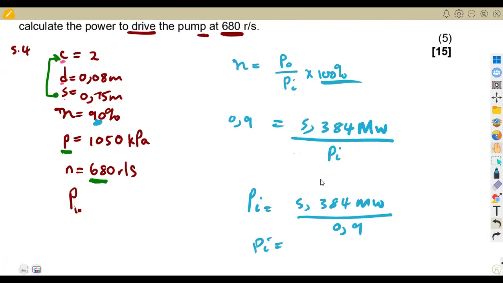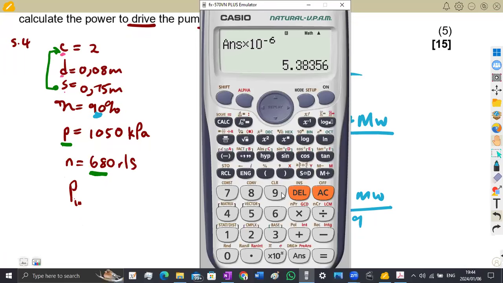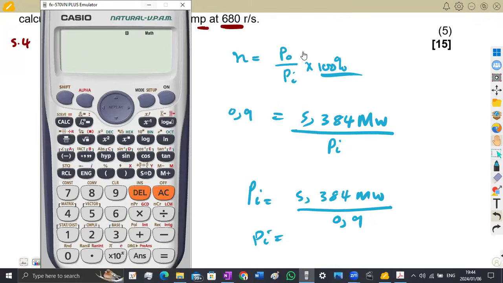So from our calculator, remember this is in megawatts. We wrote this value in megawatts, and it's 5,384 divided by 0.9, which is going to be something like 5,982.